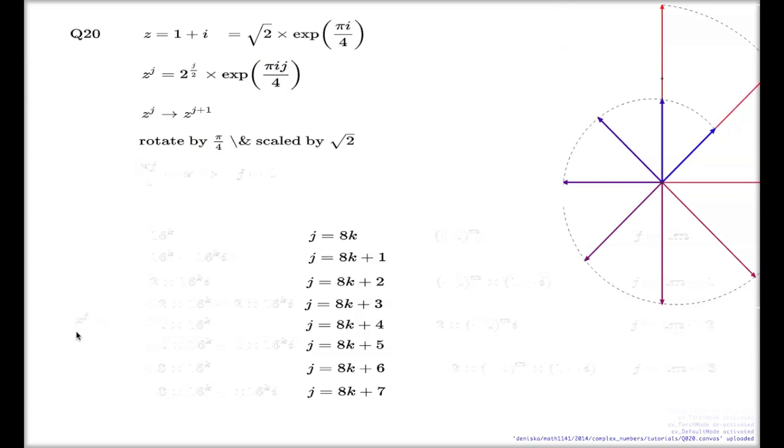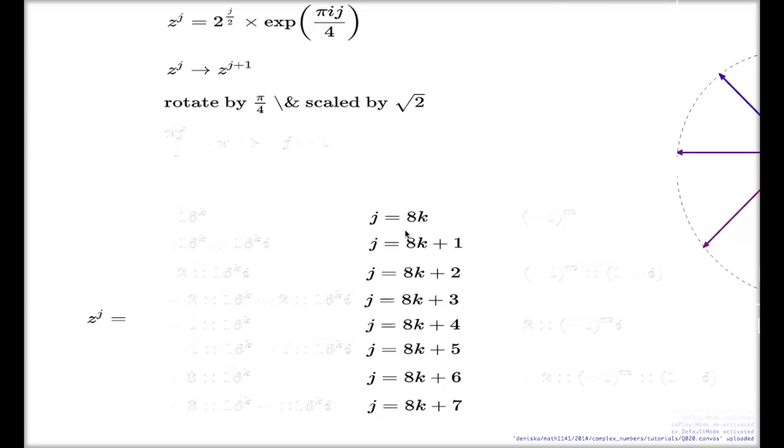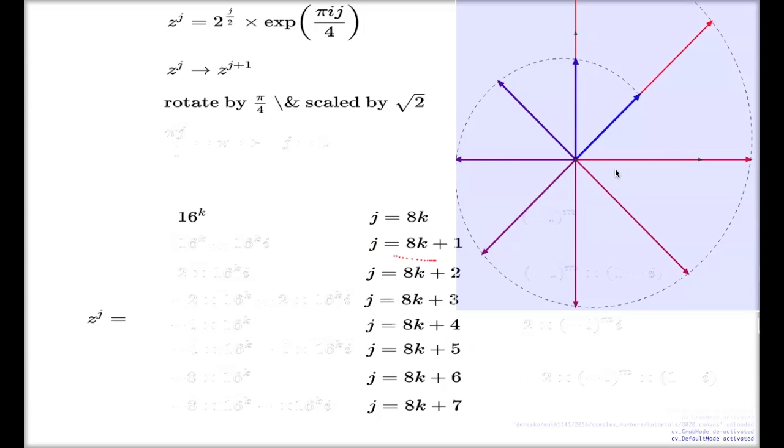So for this subgroup, zj will be just 16 to the power k. This is the Cartesian form of these powers, not all of them, but only those with a multiple of 8 in the j group. On my graph it represents these numbers, which go along the x direction to the positive side.